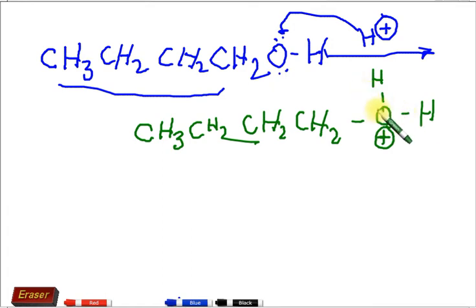Which is now unstable. So oxygen, being an electronegative element, will attract the bonded electrons and leave the compound as water. If this bonded electron is transferred to oxygen, it becomes water, H2O, and we have positive on this carbon. So we are approaching the intermediate of this reaction.